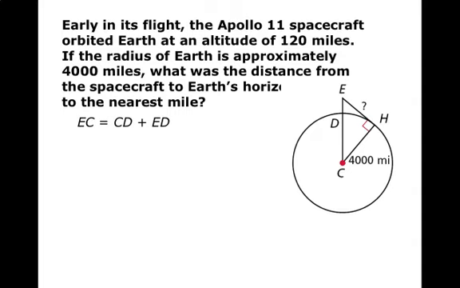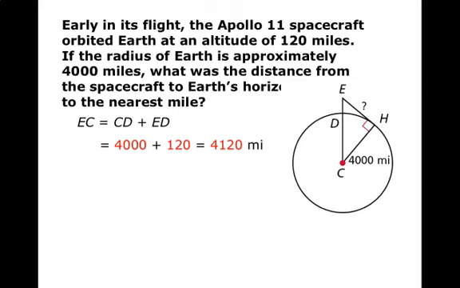So first we need to use our segment addition, knowing that EC is CD, which is the radius, plus the height or the altitude of the spacecraft. So when we substitute in our numbers, we get that EC is 4,120 miles. Now since we know that a tangent line is perpendicular to a radius, it does create that right triangle.